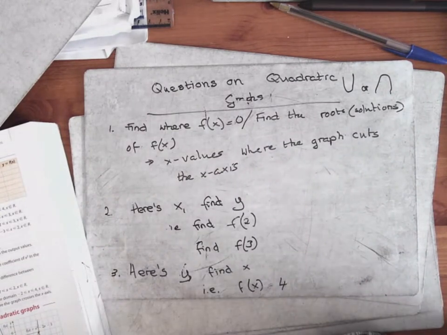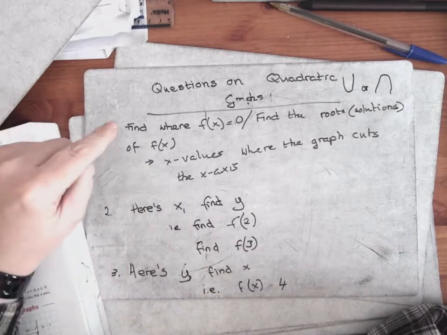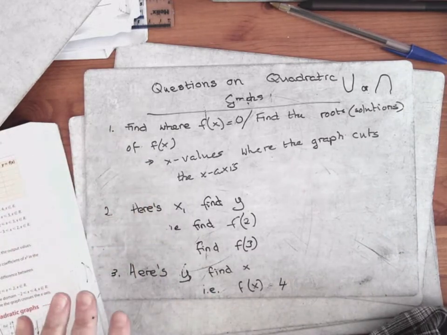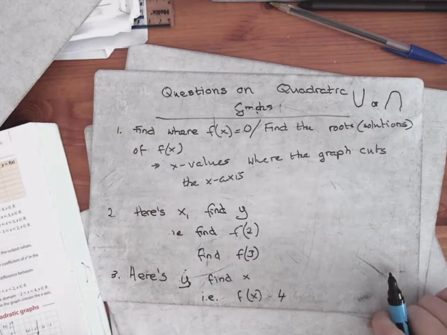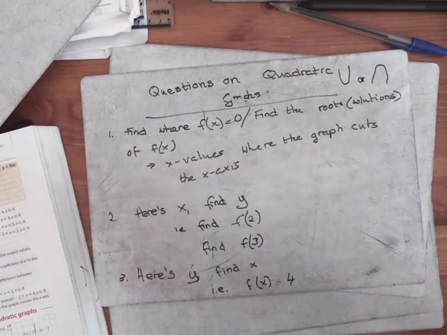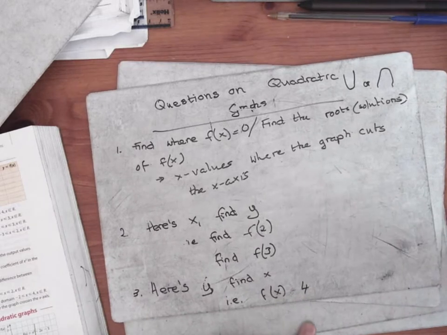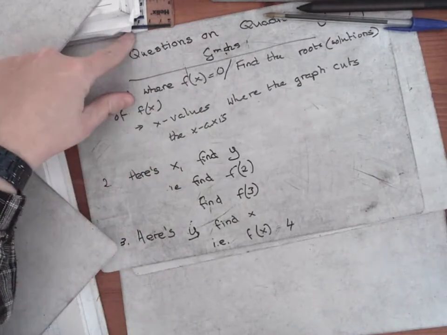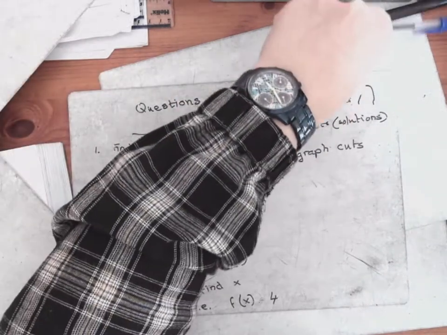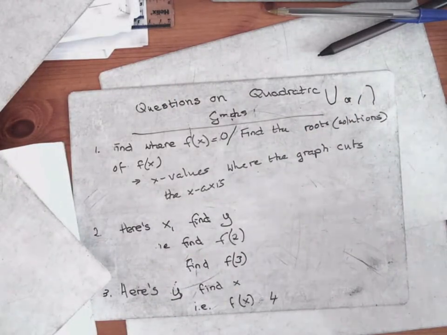Okay, so the first type of question, I might leave you to just write them down, and while you're writing them down, I'll be drawing out a graph, and we'll be able to answer some questions on the graph, okay? So if you just write that down, and I'll be drawing out a graph.